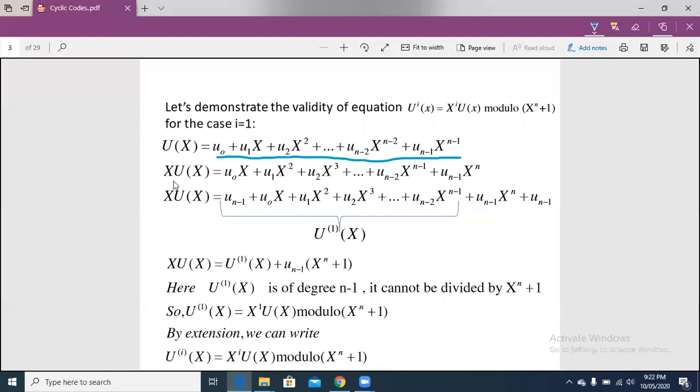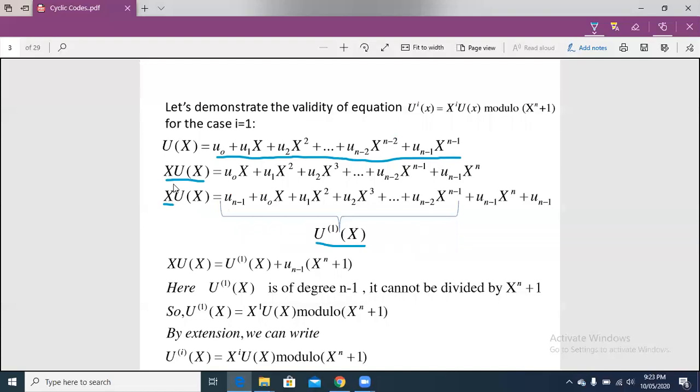When we multiply it by x, it gives the shifted version of the code word, and when divided by xn plus 1 it will generate this remainder, and that is the first code word, because we have shifted by an order of 1.